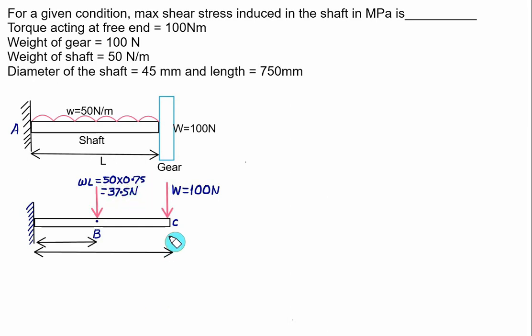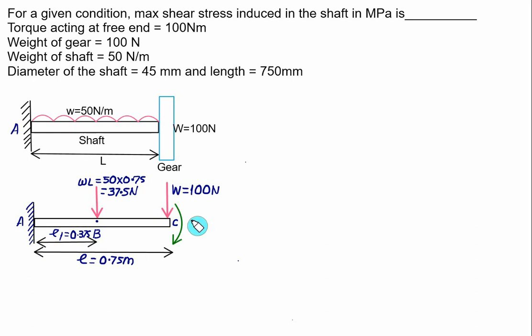The weight W will act from the point A at a distance equal to the total length, 750 mm. So we'll call this L, and we have L equal to 0.75 meter. Whereas the UDL will act exactly halfway, so L1 is L by 2, which is 0.375 meter. So this total force wL multiplied by L1, plus W into L, will make a bending moment about the point A.